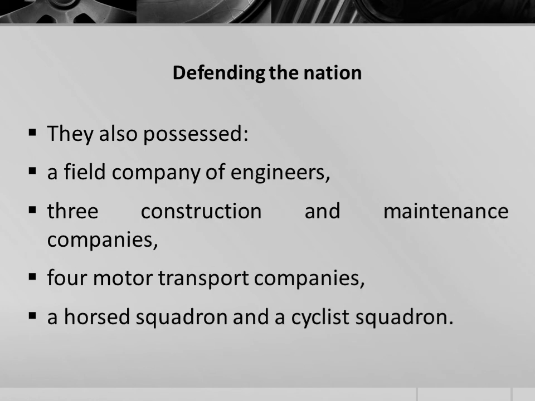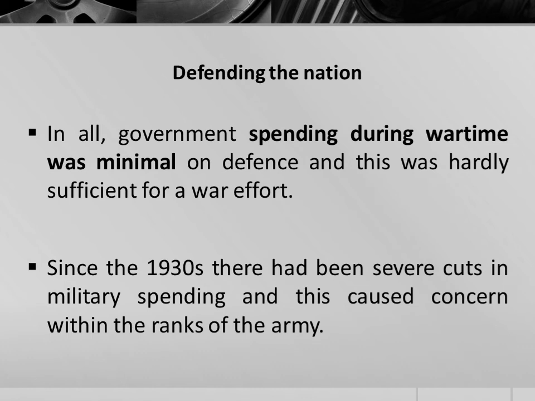There were also a number of engineers, construction and maintenance companies, a few transport companies, and even a horse squadron and cyclist squadron. So you can imagine any possible attack, from a German blitzkrieg or something like that, would find us pretty much open with very little defence in place.